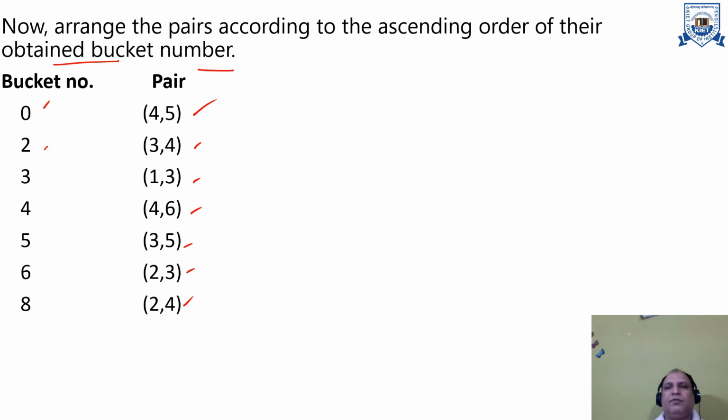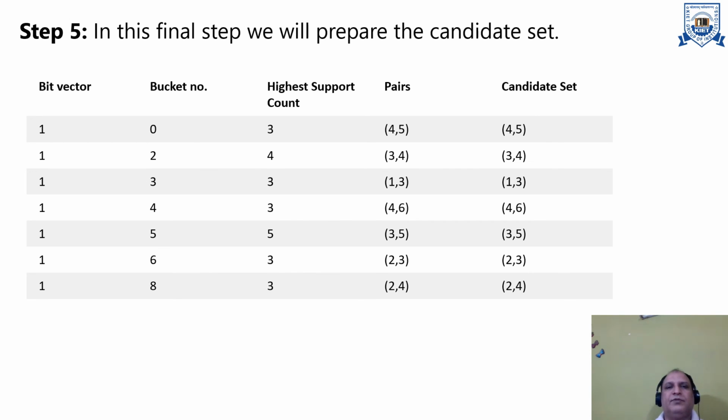Now we will have the support of these pairs also. Suppose in case of bucket number 0, we had the pair 4 5. 5 into 4 means 20, divided by 10, the remainder is 0. Now if we see, 4 5 is occurring 3 times in the transactions table, so that is 3.